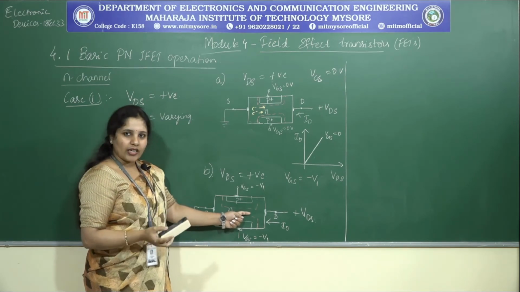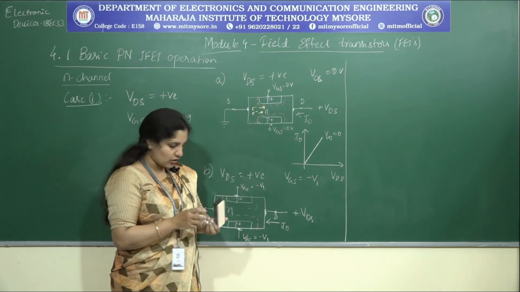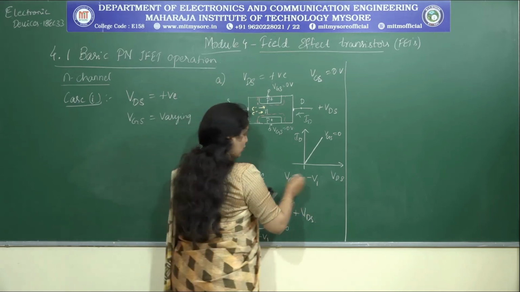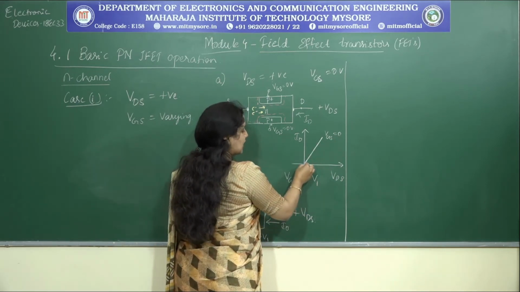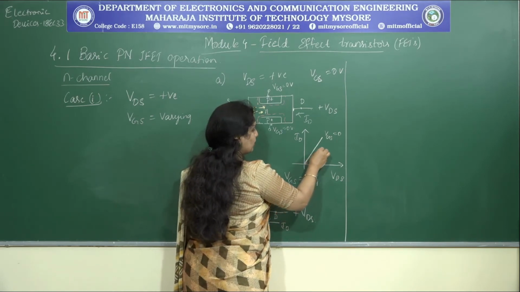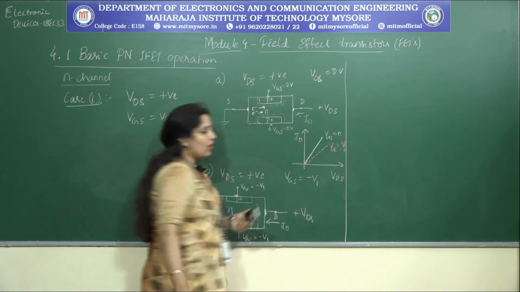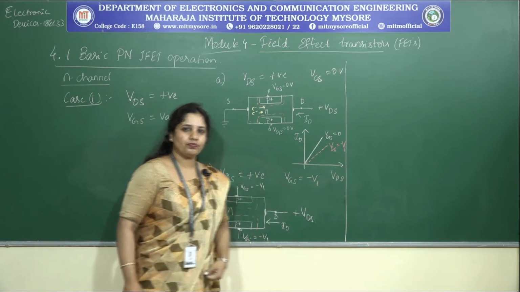It tends to vary, right? And that is what we have to implicate in the characteristics. So if I want to indicate that change, then this is how it follows. If this is for VGS equal to 0, as the conductance is getting reduced, this is the characteristics that I'll be seeing when my VGS value is a negative voltage.